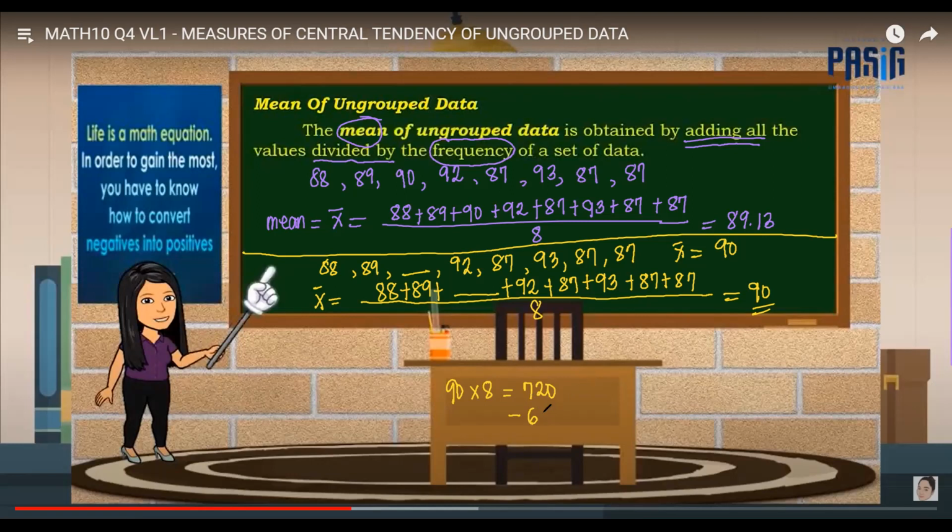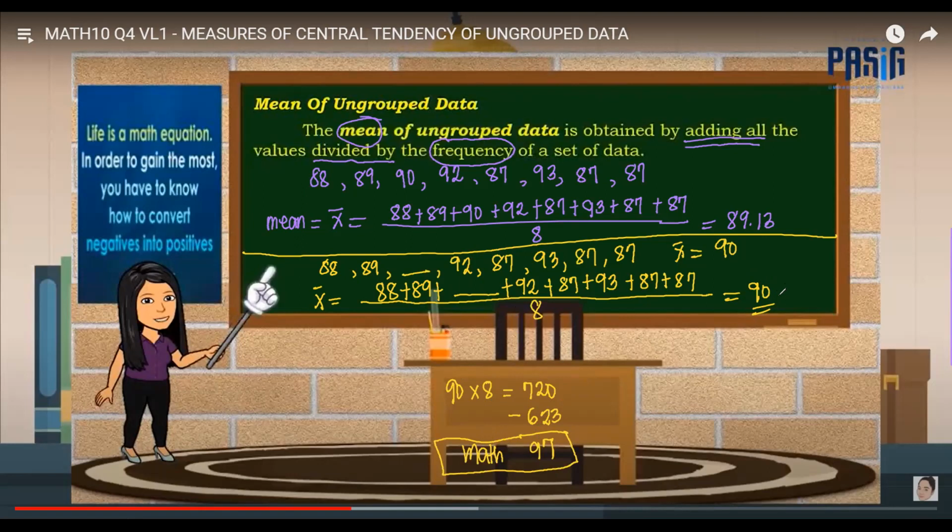623. So ano dapat yung magiging grade mo sa math? 97 po. So the grade that we need in math is 97 for us to get an average of 90. So this is also one way of getting the missing grade, or should I say the unknown grade na hindi pa binibigay sa inyo.